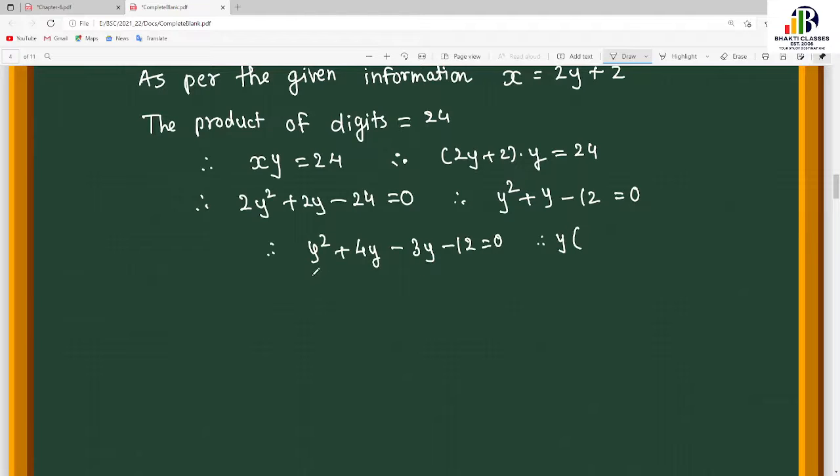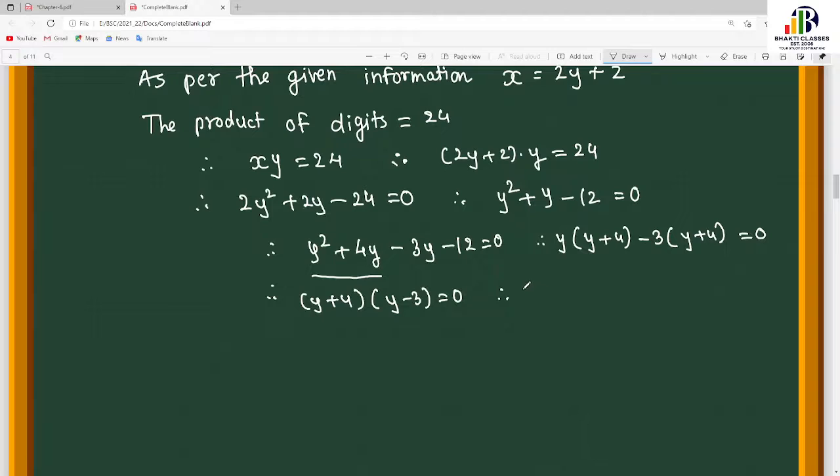So I'm taking y common from the first two terms. I will have y into bracket y plus 4, minus 3 is common, so I will have y plus 4 again, that is equal to 0. So I'm taking the y plus 4 bracket common, I will remain with the y minus 3 bracket.